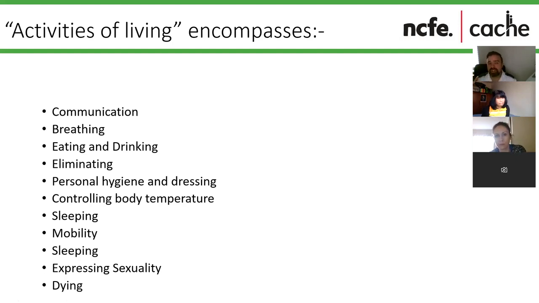So when we write a care plan for somebody, these are the minimum areas we should be doing. When CQC come out, they're going to be looking to see that you're meeting the activities of daily living, and that's where we need to be. So communication, breathing, eating, drinking, elimination, personal hygiene, dressing, controlling body temperature, sleeping, mobility, and expressive sexuality, and dying.